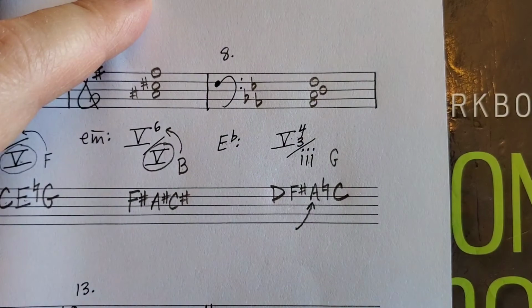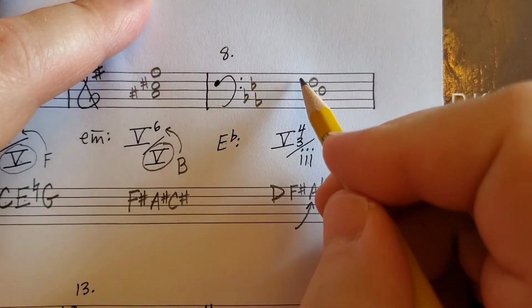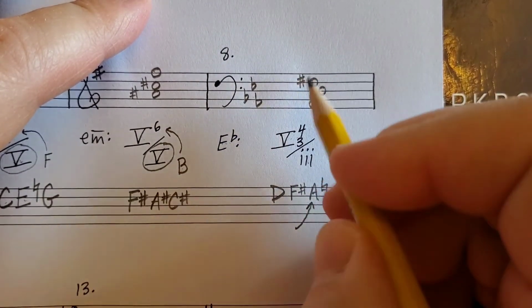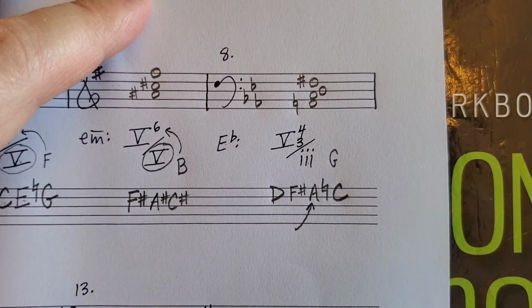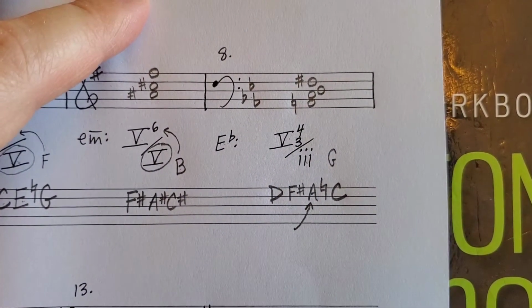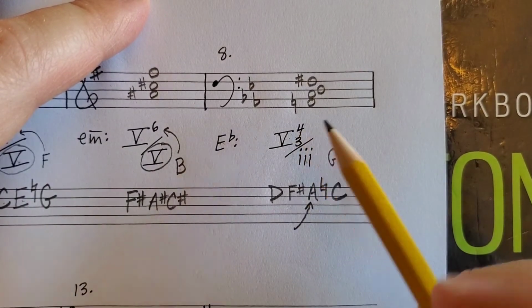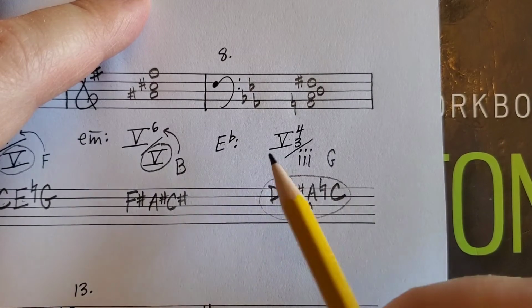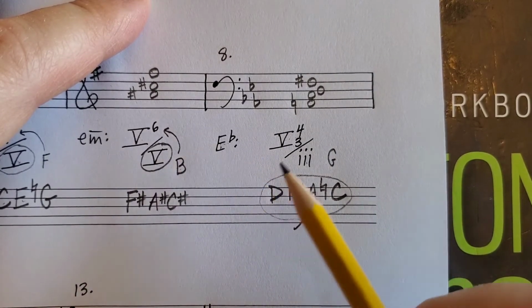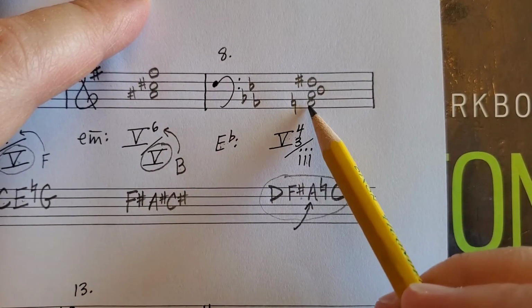Okay, and D, F sharp has to be marked in, A natural also has to be marked in, and C. So really whatever it takes to make this chord spelled correctly in the context of the tonic key. So in this case, we had to mark in an F sharp and an A natural.